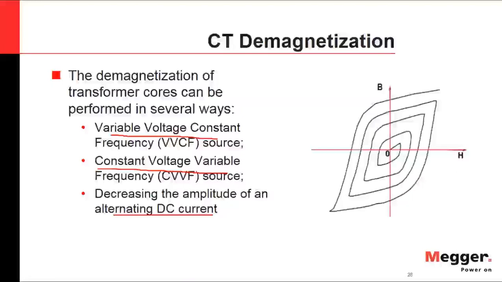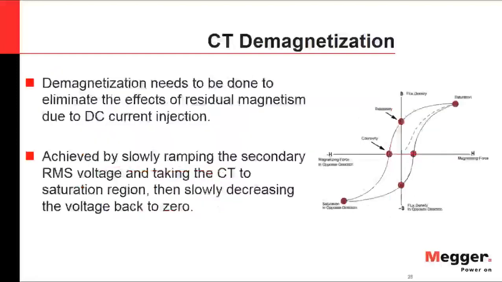In a power transformer, to reach saturation, you need to apply a voltage that might be beyond the level of the rated voltage designed for that transformer. So it's going to be very complex, very difficult to provide a sinusoidal voltage source and go up with voltage all the way to the nominal rated voltage, either primary or secondary side.